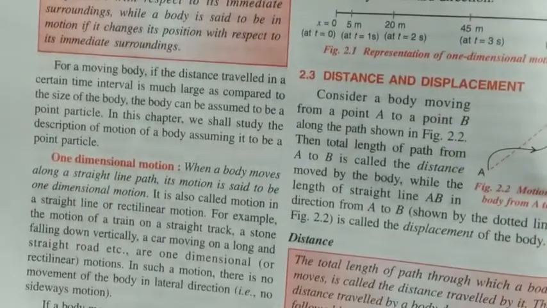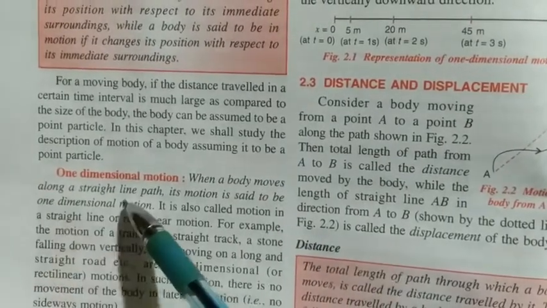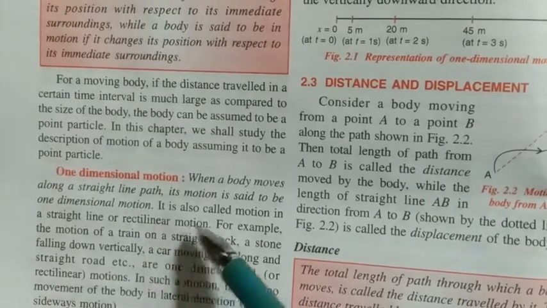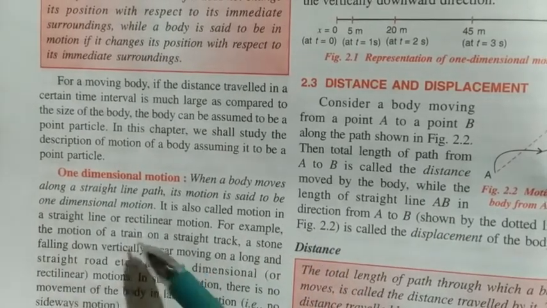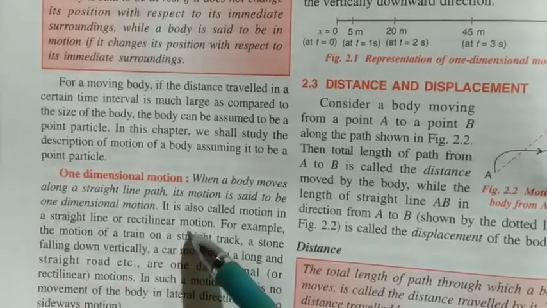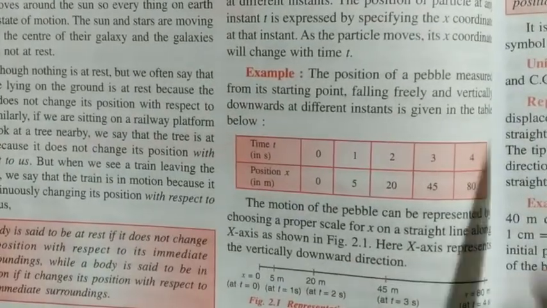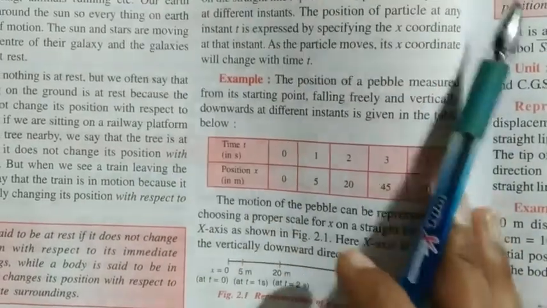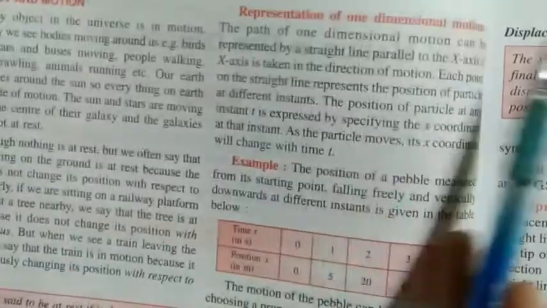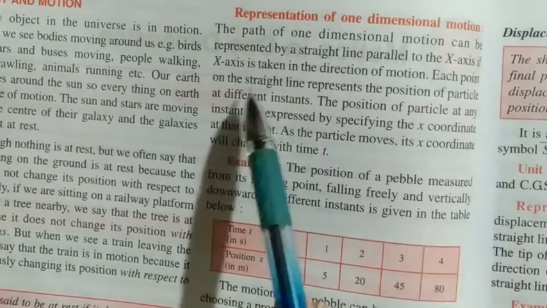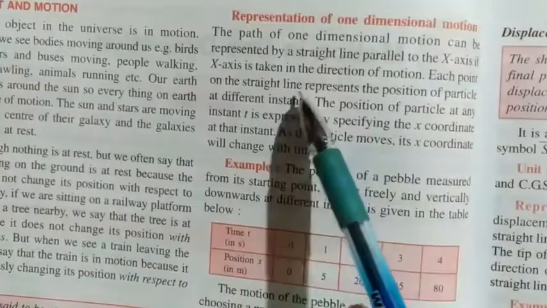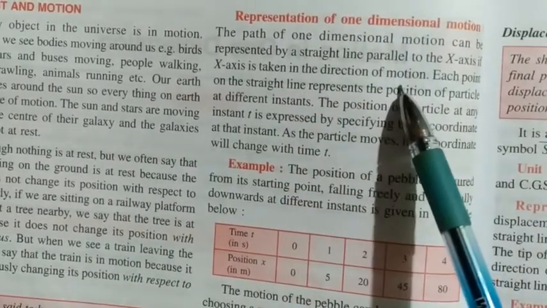One-dimensional motion. When a body moves along a straight line path, its motion is said to be one-dimensional motion. It is also called motion in a straight line or rectilinear motion. Representation of one-dimensional motion. The path of one-dimensional motion can be represented by a straight line parallel to the x-axis if the x-axis is taken in the direction of motion.